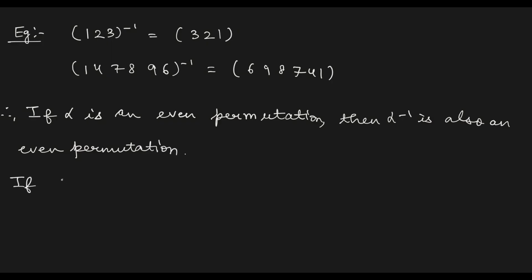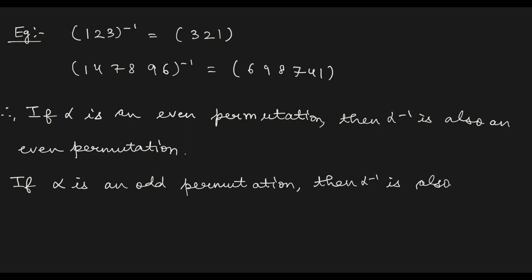And if alpha is an odd permutation, then alpha inverse is also an odd permutation.